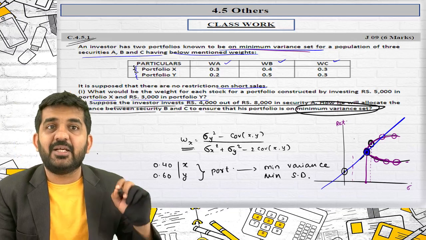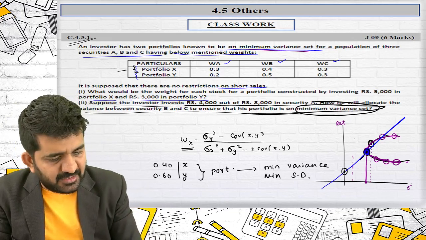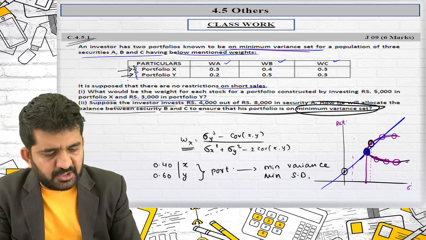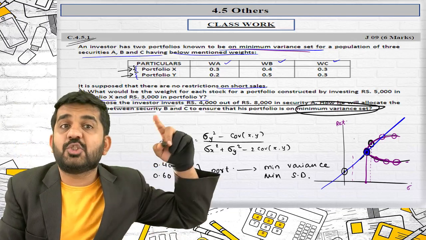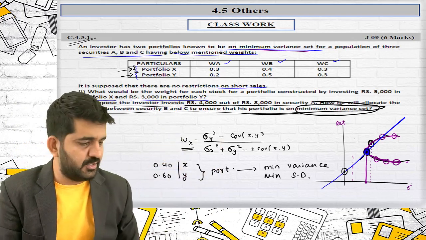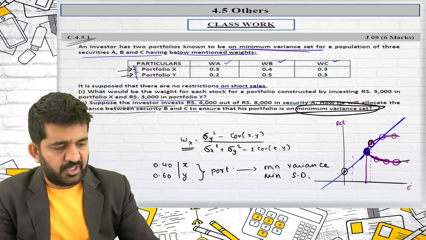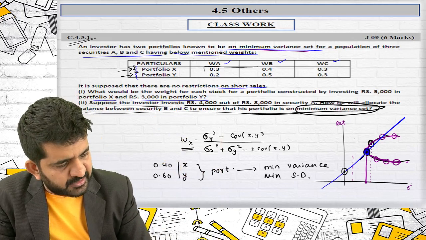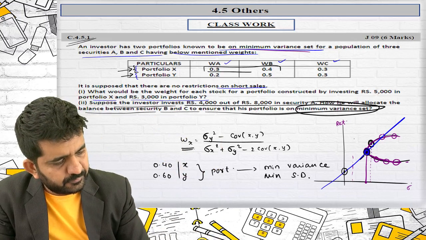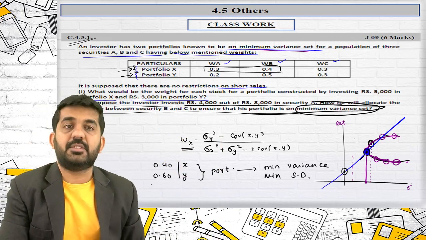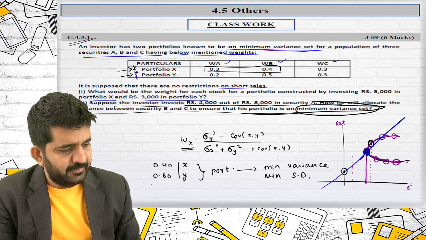Then the line which passes through this portfolio will pass through our portfolio also. I am just taking two securities right now. Weight of B.